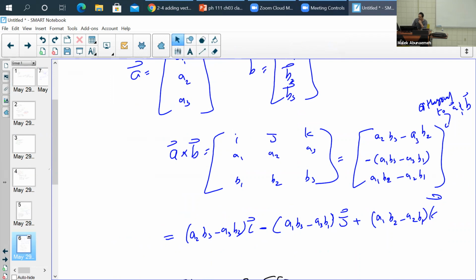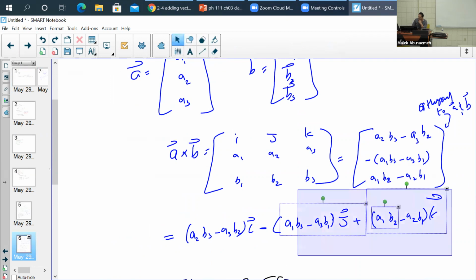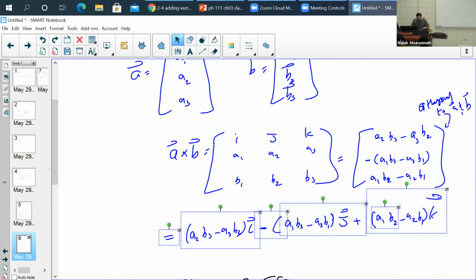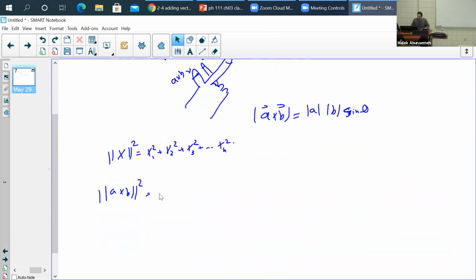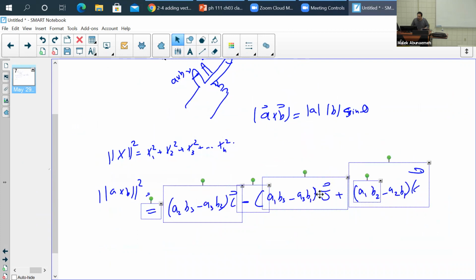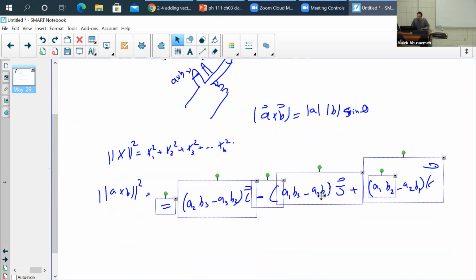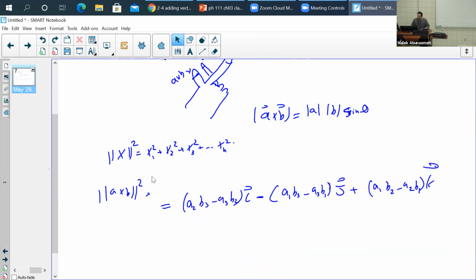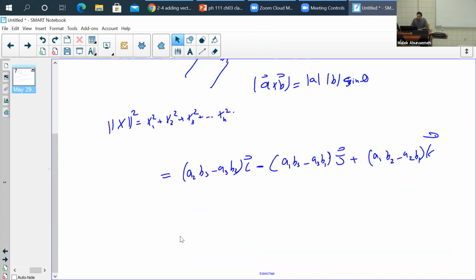That way we can actually use it. A cross B, magnitude squared is going to equal, now let's take the first term.